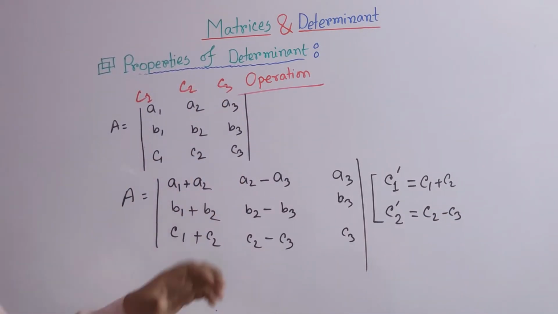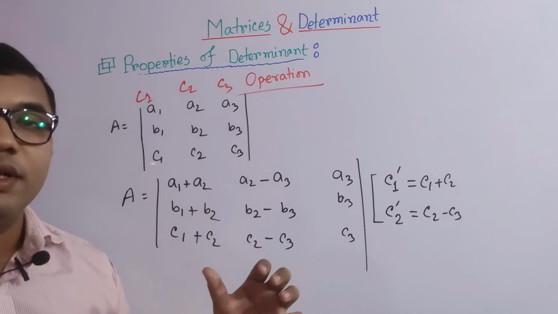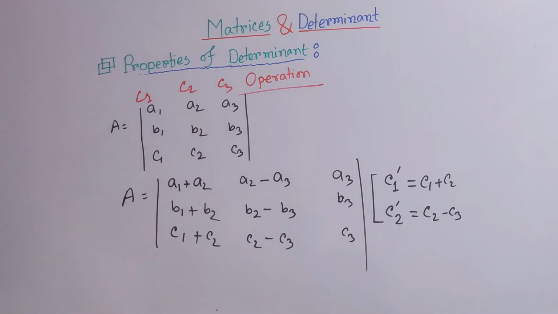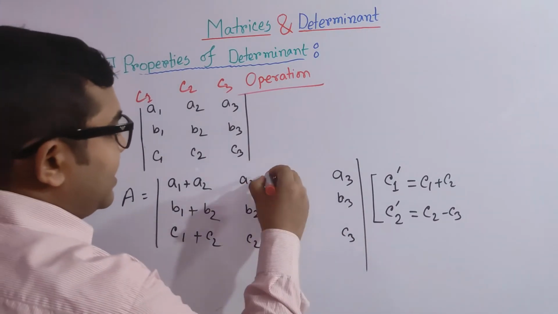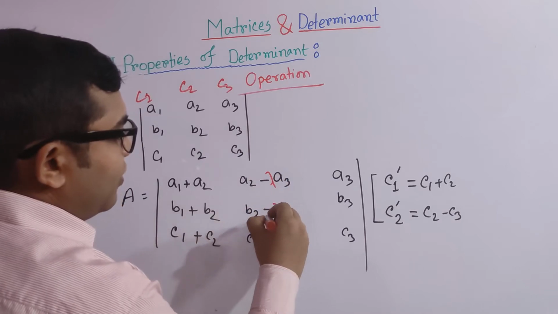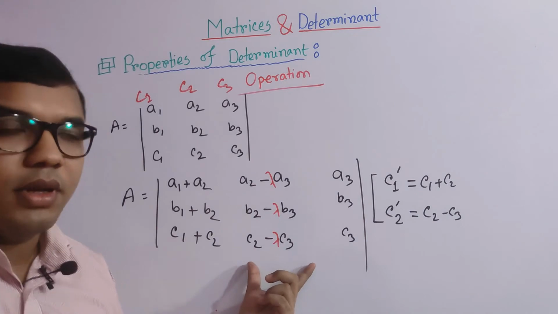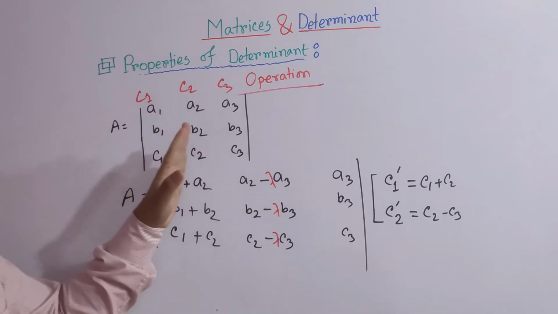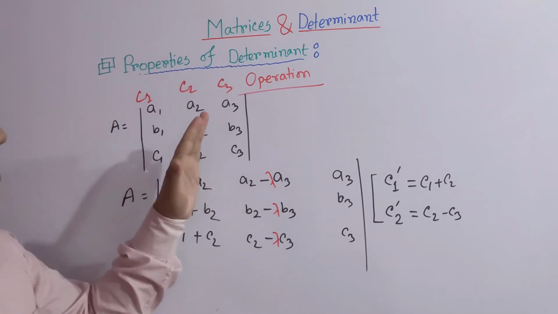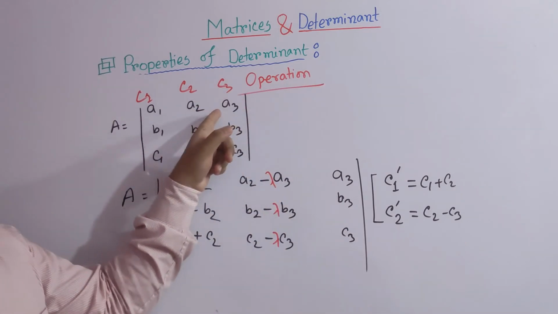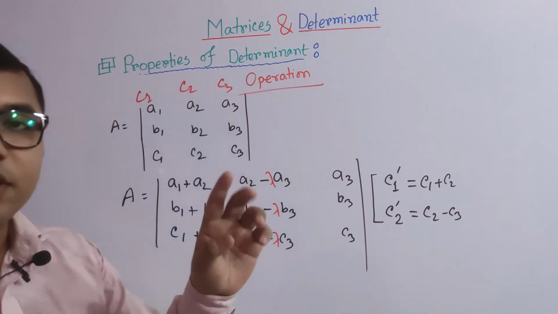If we understand it more deeply, say for every element we go for lambda, that means in the C2 column we subtract lambda times C3, C2 minus lambda into C3. So here there will be two works.